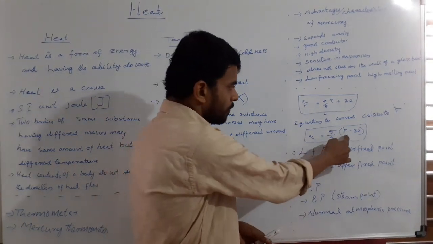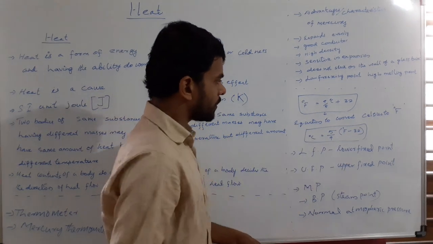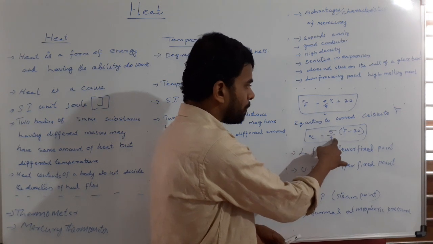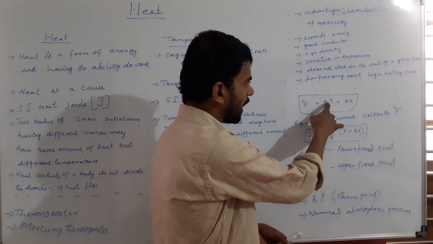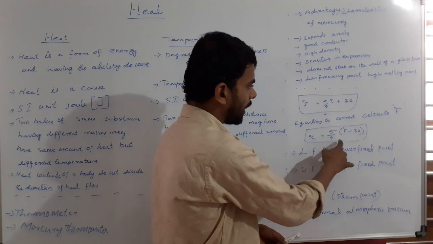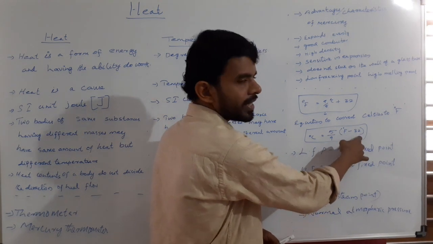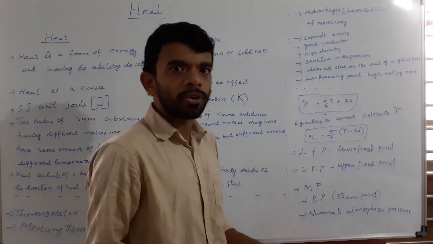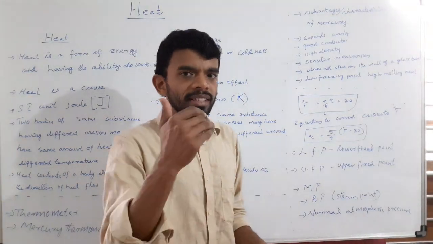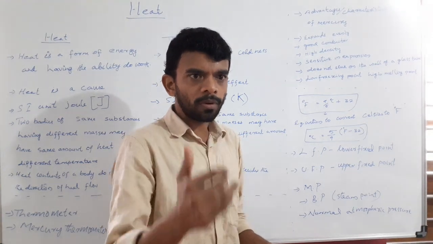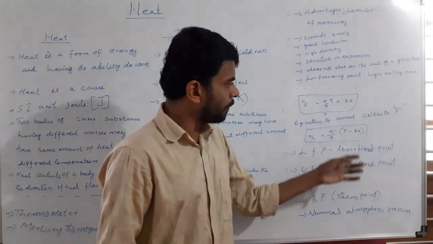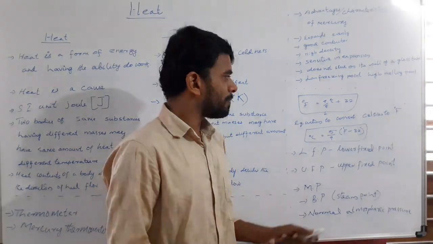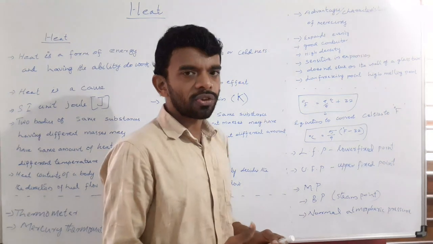Whereas for Fahrenheit to Celsius, degree Celsius equals 5 by 9. Here we are telling 9 by 5, here we are telling 5 by 9. Bracket. Here the bracket is compulsory. If you do not put the bracket, you will make a mistake, because there is a mathematical priority while doing a calculation, that is BODMAS. Bracket comes first, then after the bracket the multiplication.